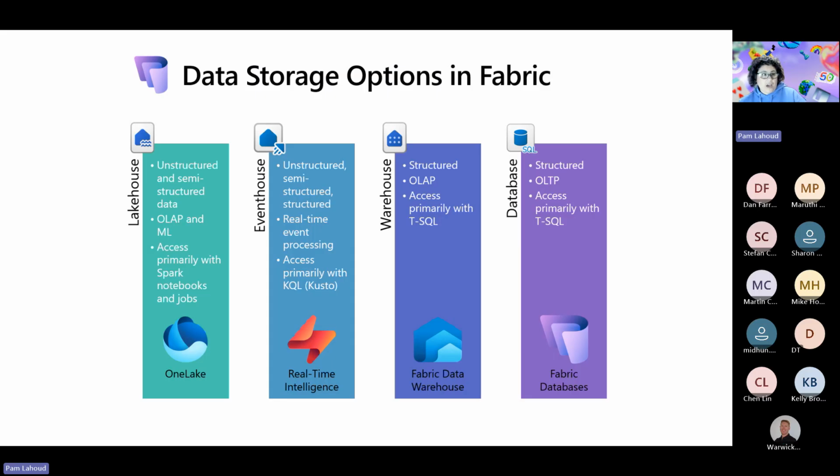So you have this event house. This uses Kusto, KQL, to process events, and then you can have what's called an activator, so that based on whatever information comes across in the event, you can fire off an action. So real-time intelligence or event houses is where you would store that kind of data.